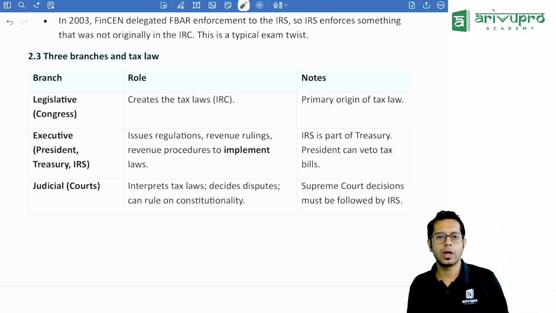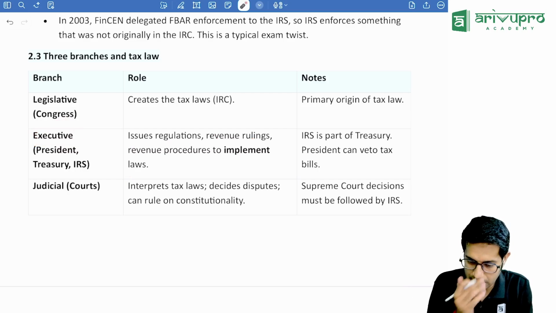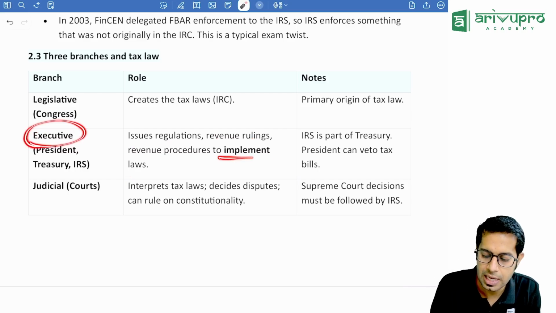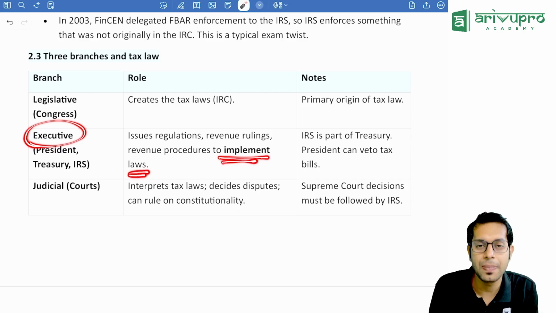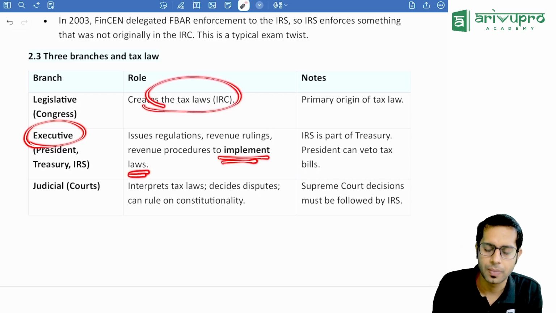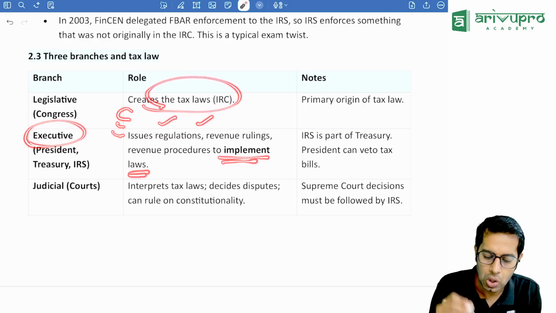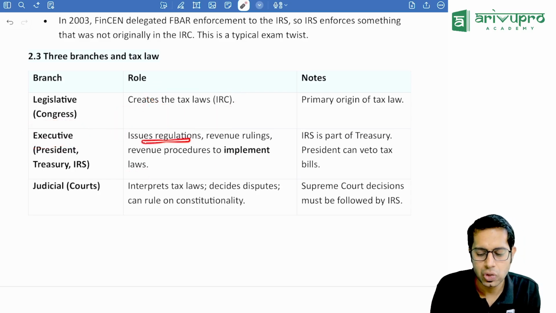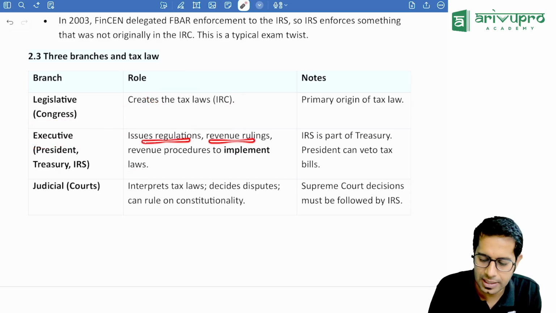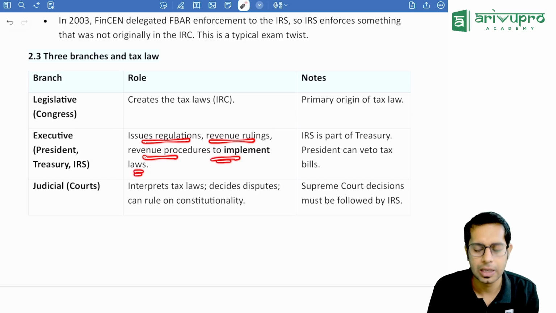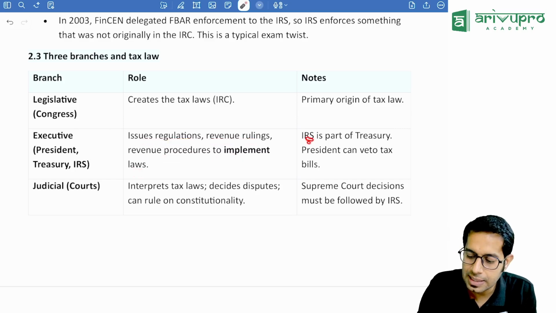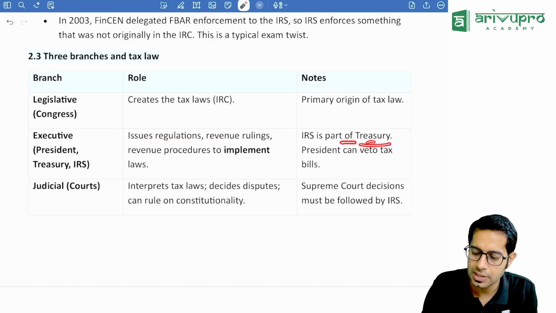Those people at the implementation stage are responsible for implementing the law. I have made the law, so how is this law required to be followed? They make the rules and regulations. IRS is a part of the Treasury.